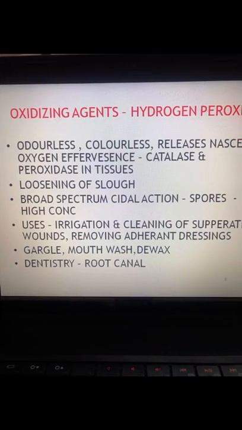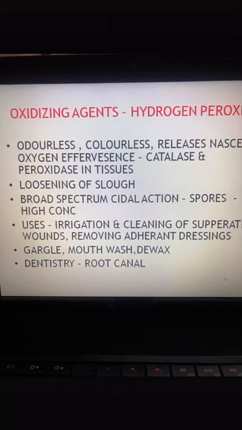Next important oxidizing agent is hydrogen peroxide. Apart from potassium permanganate, hydrogen peroxide is a very commonly used drug, and it is odorless and colorless as compared to potassium permanganate, and releases nascent oxygen which causes effervescence, and it catalyzes peroxidases in tissues, and it causes loosening of slough within the wounds.